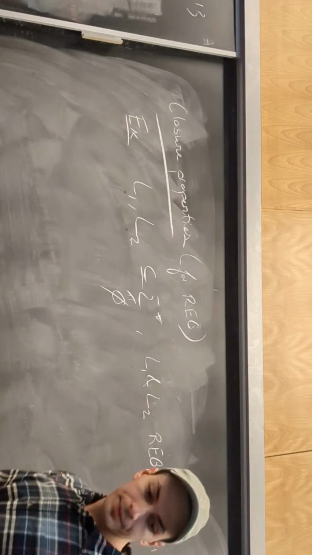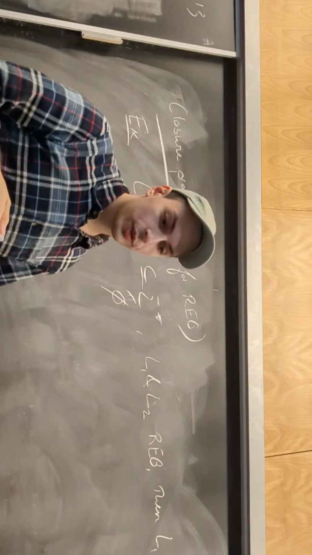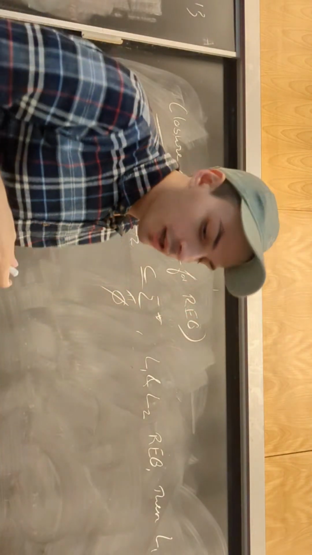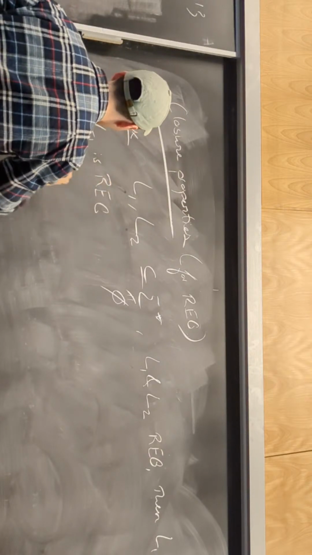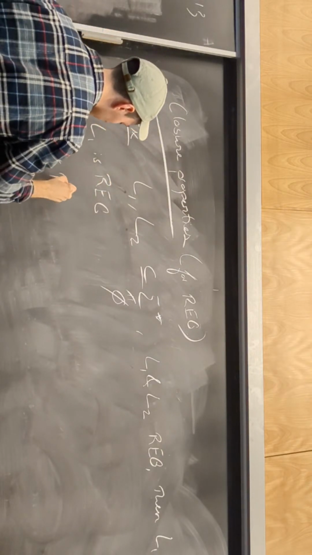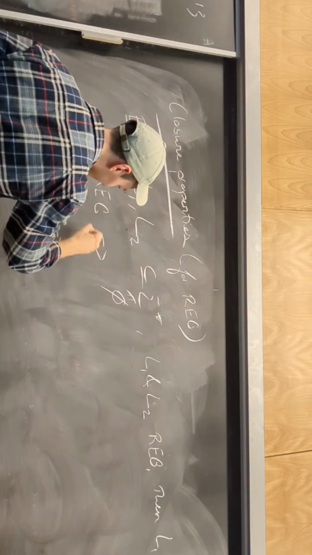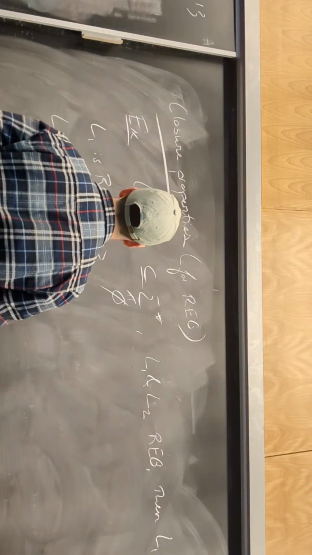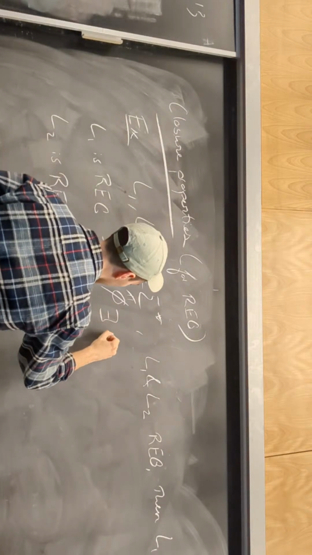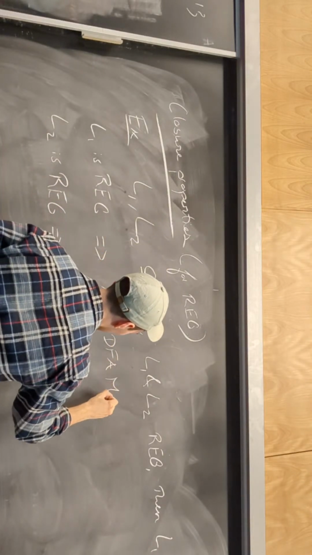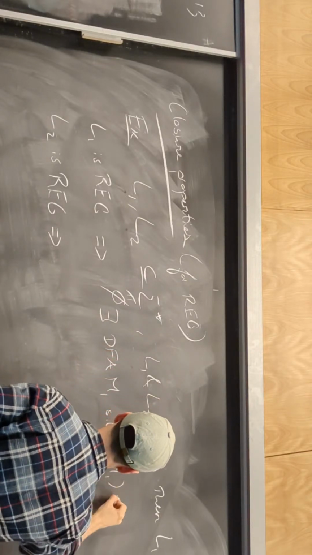So how do I do that? Well, in this case, I start with my assumptions, right? So I know that L1 is regular, and I know that L2 is regular. So what do these two things mean? By definition of regular languages, that means that there exists a DFA M1 such that the language accepted by M1 is L1.